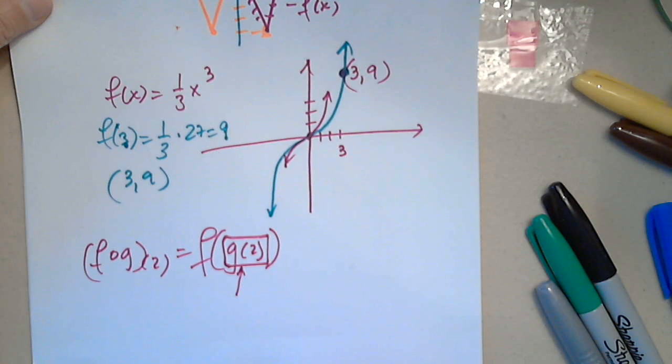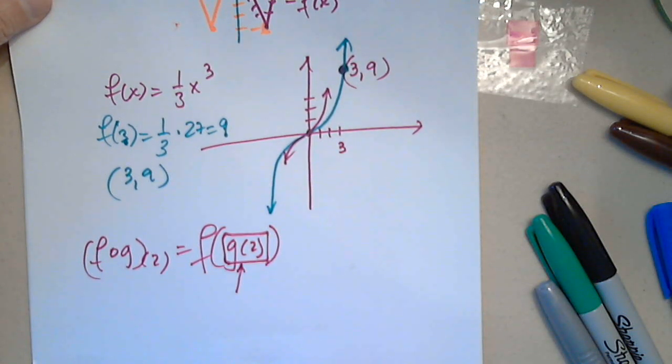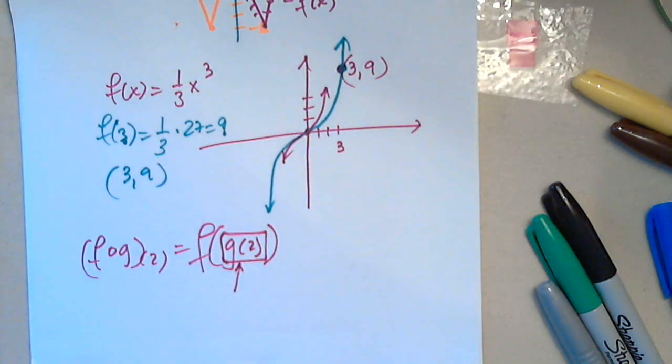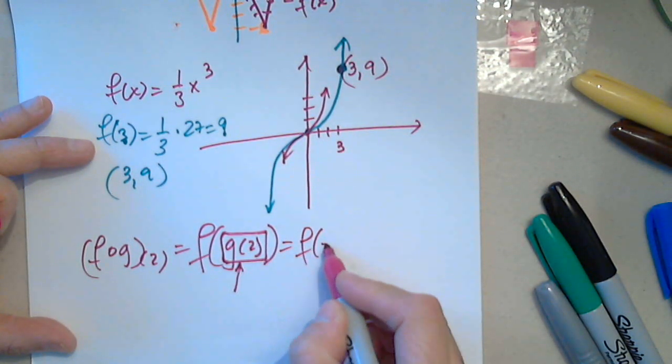So it runs through, g of 2 is -3. Okay, so then you are asked to find f of -3.